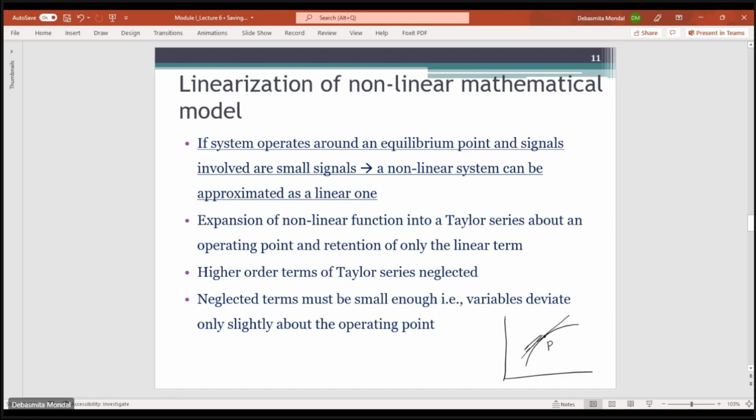Okay, and similarly, if you draw this, let us say this is your output which is given by some y, and this is your input which is given by some x. Okay, so this point is, let's say, x0 and this is y0.